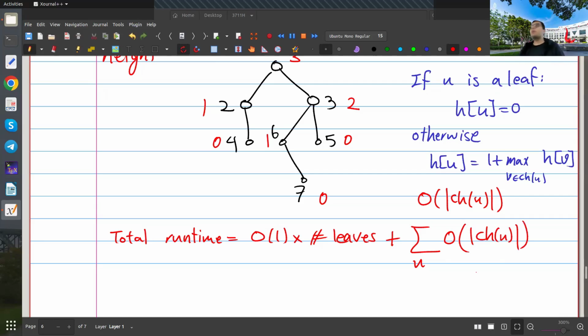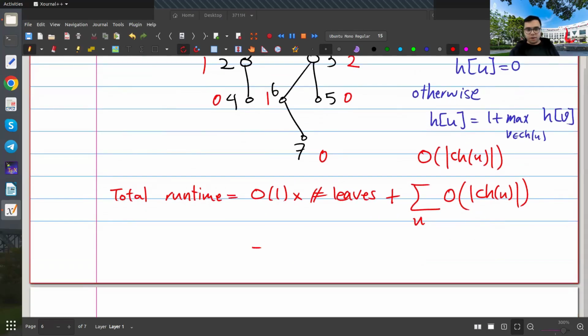Okay? But what is the sum of the number of children of all the nodes? It's at most n, right? Because every node is only counted among the children of its parent. So in this sum, I'm counting each one of the nodes at most once. So this whole sum is O(n). And of course, this part is O(n) because I have at most n leaves. So the whole thing is O(n).